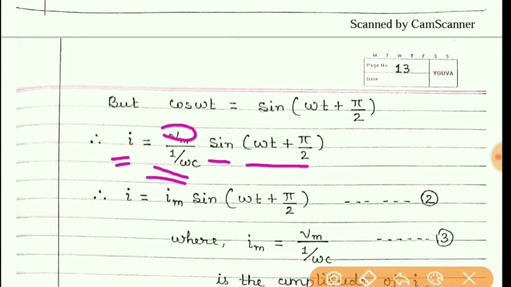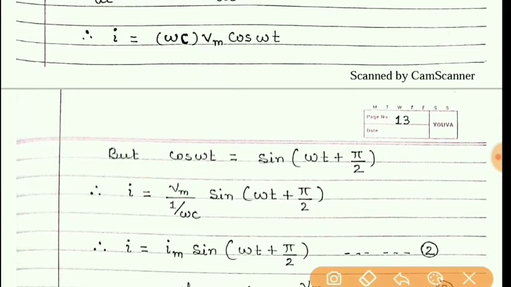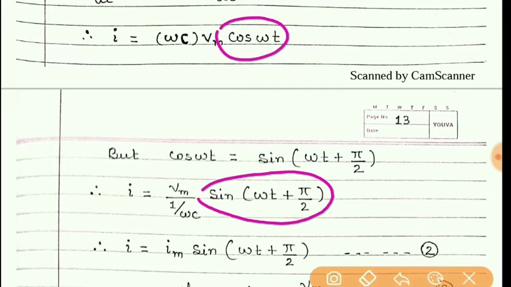Now students, you must be wondering why we have written this term in this way. See, this is clear that cos omega t is equal to sine omega t plus pi by 2. For this we are clear now. Now just look here, Vm and omega C in this equation.